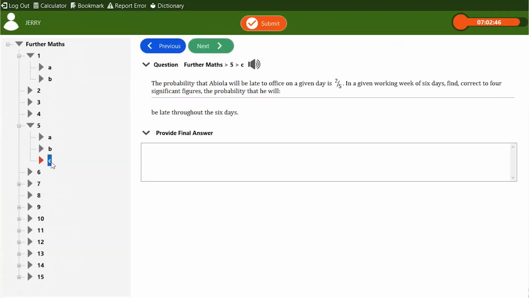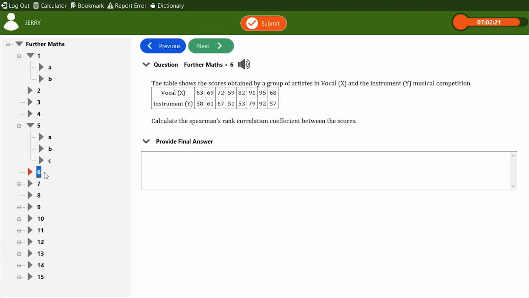Question number 6. The table shows the scores obtained by a group of artists in vocal X and instrument Y musical competition. Vocal X, instrument Y, they are there. Calculate the Spearman's rank correlation coefficient between the scores.